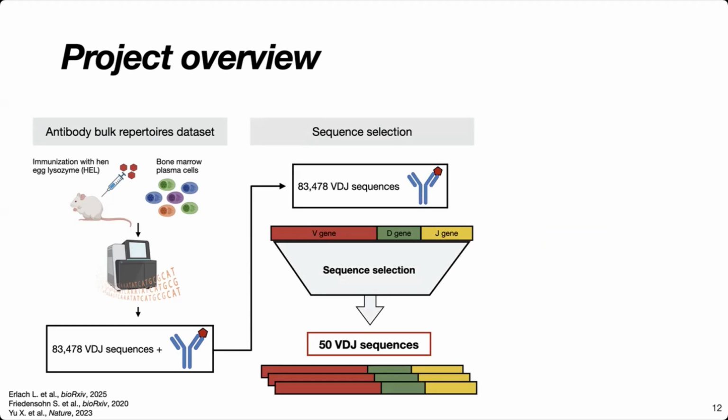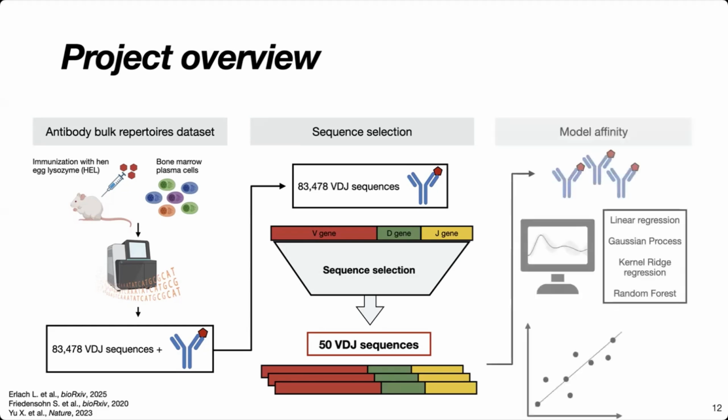So we aimed at selecting sequences from this data set, and we determined that roughly 50 sequences would be feasible to screen in a single batch with the methods and platforms that we had available at this time.